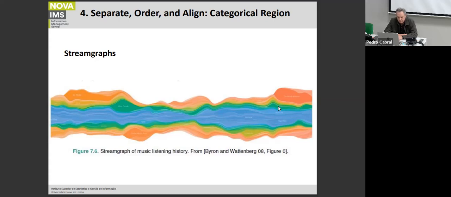Sometimes aesthetics are more important, but I would say that in our line of business here at Nova IMS, we are more interested in the accuracy and functional effectiveness of our products than in aesthetics. But aesthetics might be important, especially if you are publishing in a news journal or on a poster where you want to attract the attention of people to look at it.